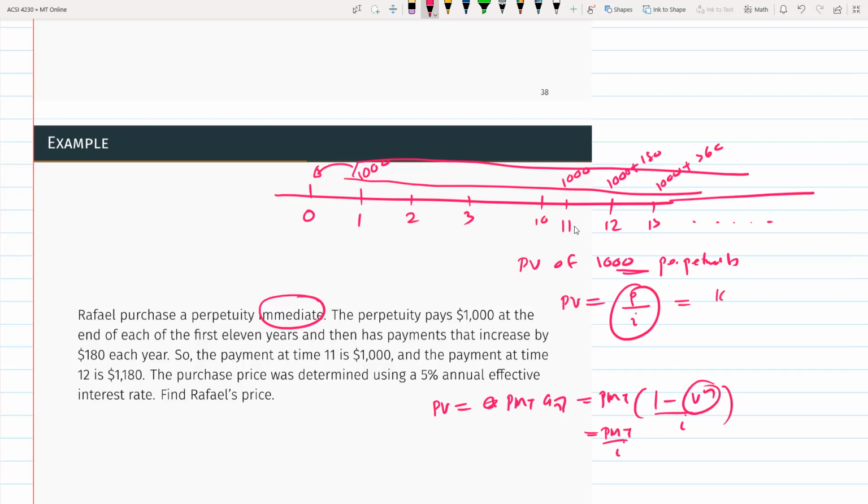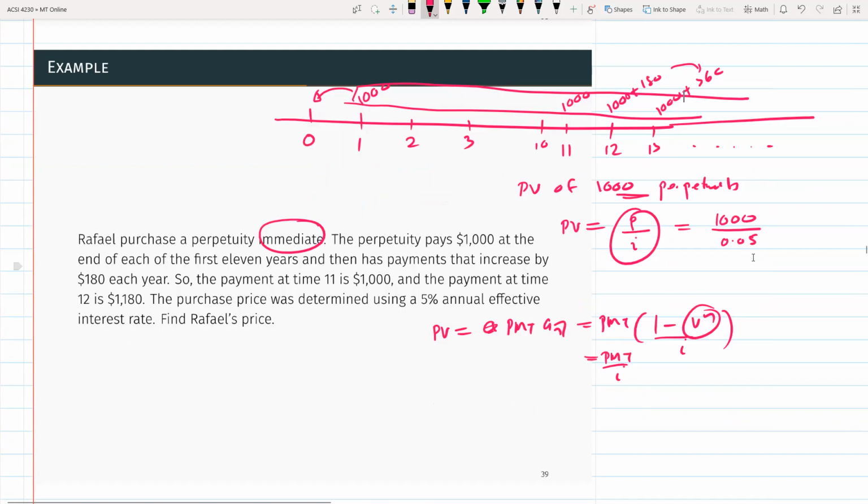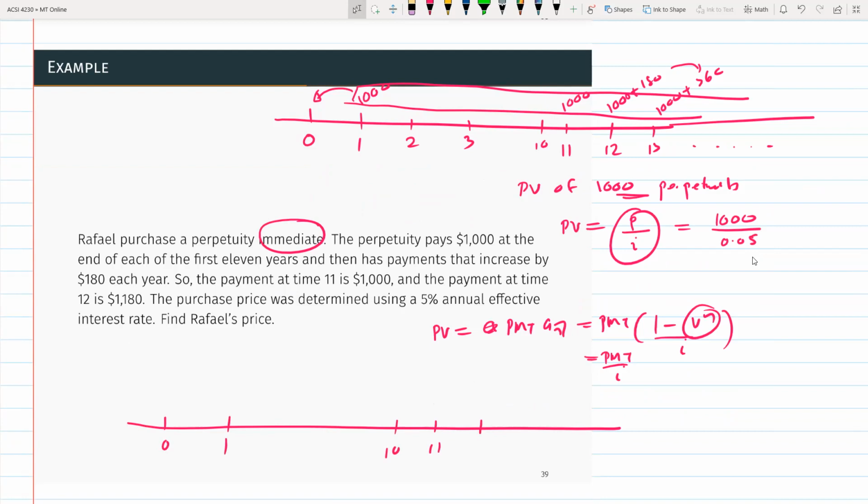So in this case, payment is 1,000 and rate is 5%. Now the next set is 180, 360. That's the arithmetic progression one. So let's try to get the present value on that. I want to redraw that timeline. Here I have 10, 11, 12. I got 180. Remember we separate those payments. And 13, 360, and it goes all the way to perpetuity.